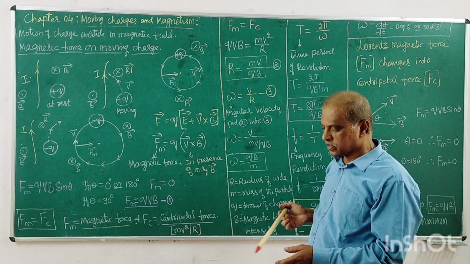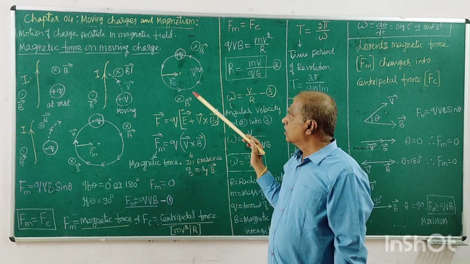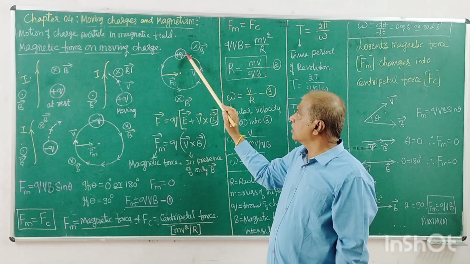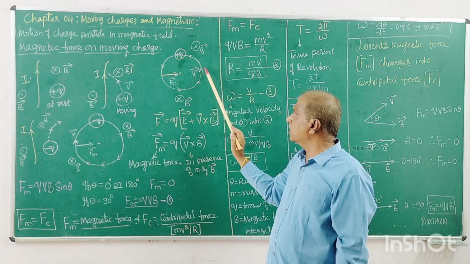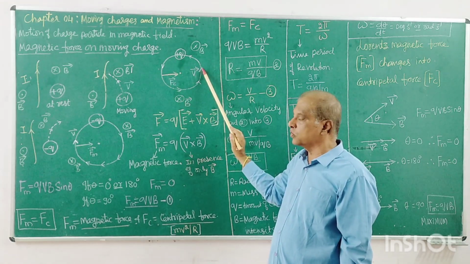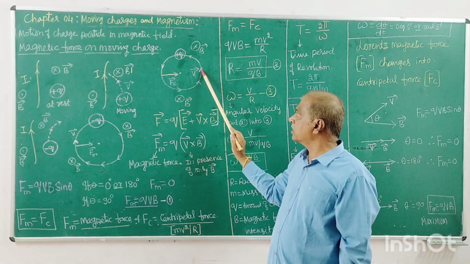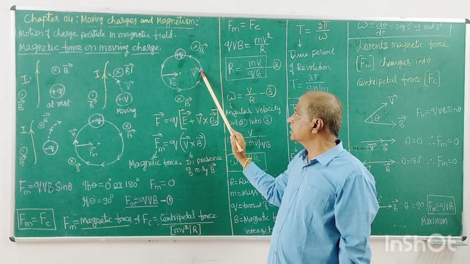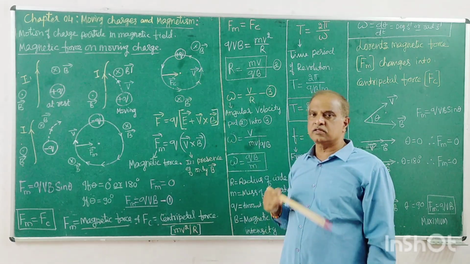To understand an illustration of angular velocity, when this particle is revolving through one complete rotation, how many degrees are there for one complete revolution? That is 360 degrees. Starting from here, 180, then 180 again, 360 degrees.